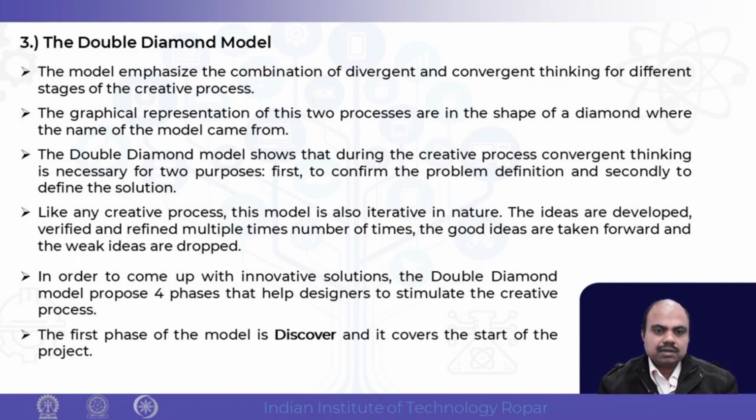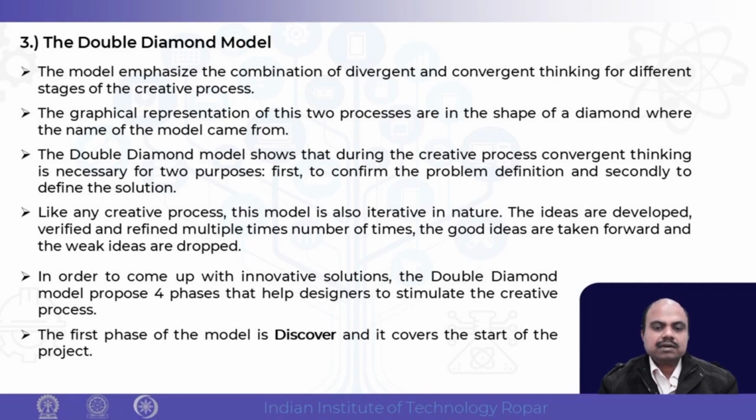Convergent thinking is necessary for two purposes: first, to confirm the problem definition, and secondly, to define the problem. And likewise, the creative process is iterative in nature, ideas are developed, and there are various ways in which we can generate and think about ideas.